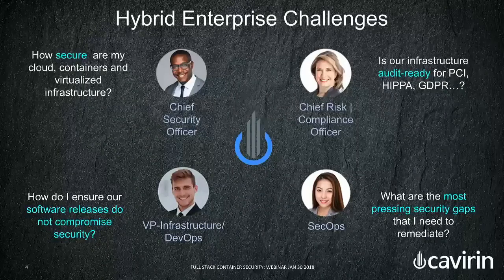If you are a chief risk or compliance officer, then you are responsible for ensuring audit readiness with respect to the compliance regulations that you see on the slide. If you're a security ops professional, then your job is to make sure that any gaps that we identify from a security or compliance perspective are prioritized for you and you're able to remediate them in an efficient manner. And last but not least, if you are responsible for DevOps or infrastructure, then you have to make sure that any software releases that you're doing on a nightly, daily, or weekly basis do not compromise security.